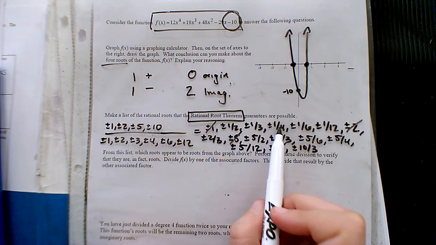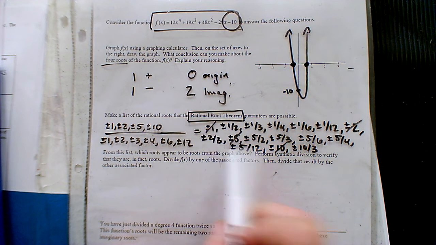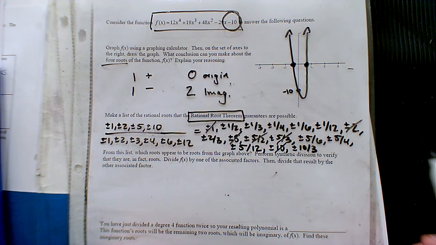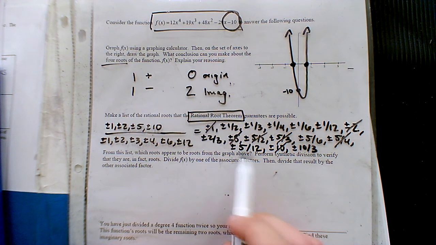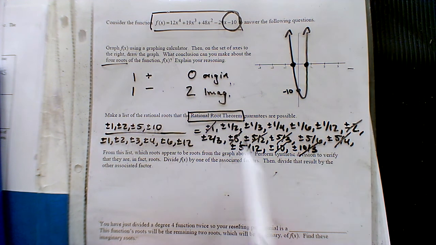So 1 over 2, 1 over 3, 1 over 4, 1 over 6, 1 over 12 are possibilities. 2 over 3 is smaller than 1. 5 over 2, not smaller than 1. 5 over 3, not smaller than 1. 5 over 6 is smaller than 1. 5 over 4 is bigger than 1. 5 over 12 is smaller than 1. 10 over 3, bigger than 1. So now we're down to 1, 2, 3, 4, 5, 6, 7, 8 possibilities times 2, 16. So we went from 32 to 16. Not bad.